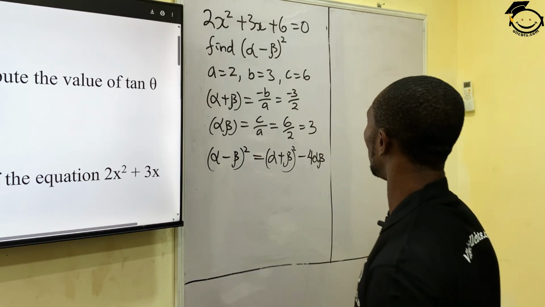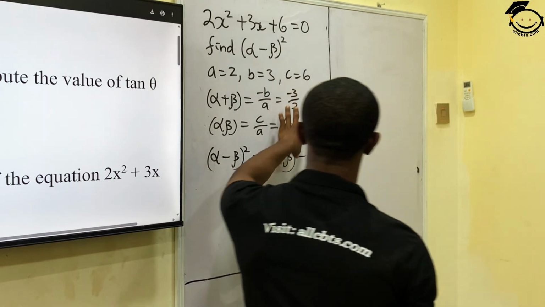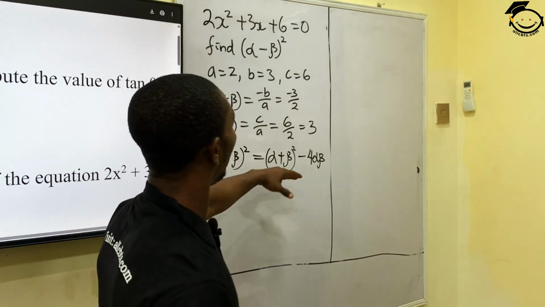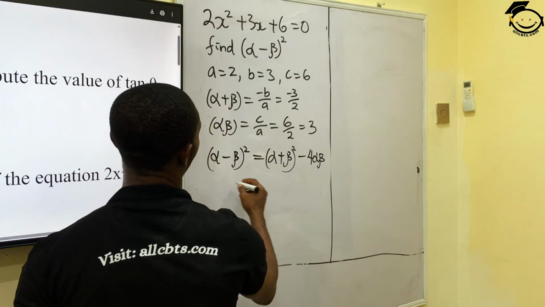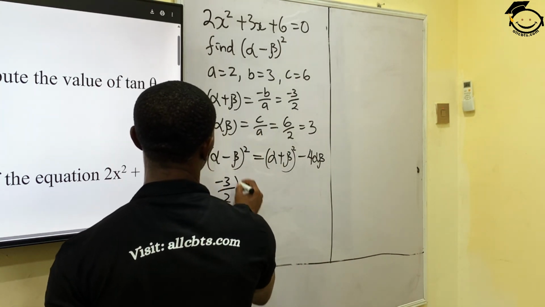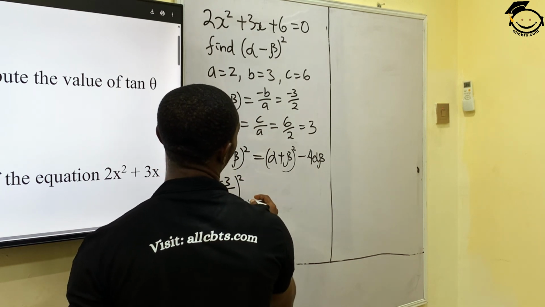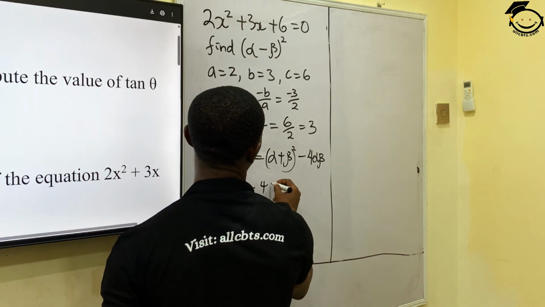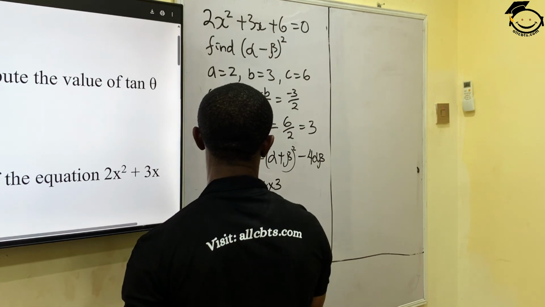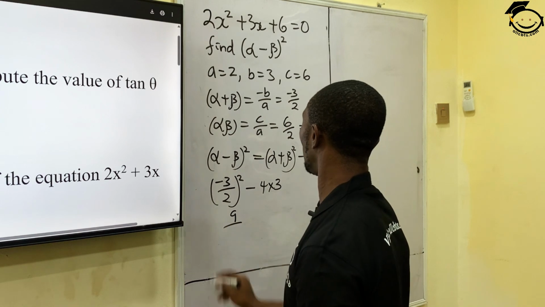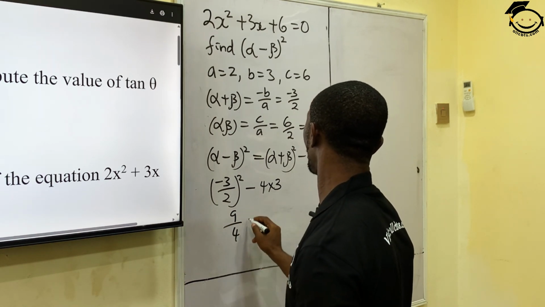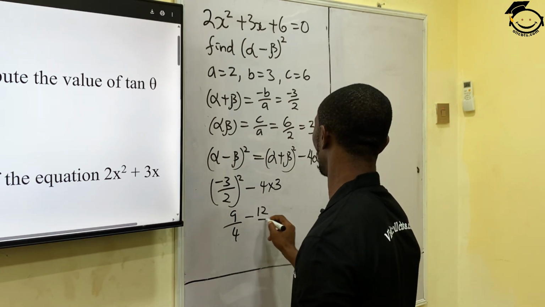Now, if we have this, we can apply these values. Our alpha plus beta will give us minus 3 over 2 squared minus 4 times 3. Now, this will give us 9 over 4 minus 12 over 1.